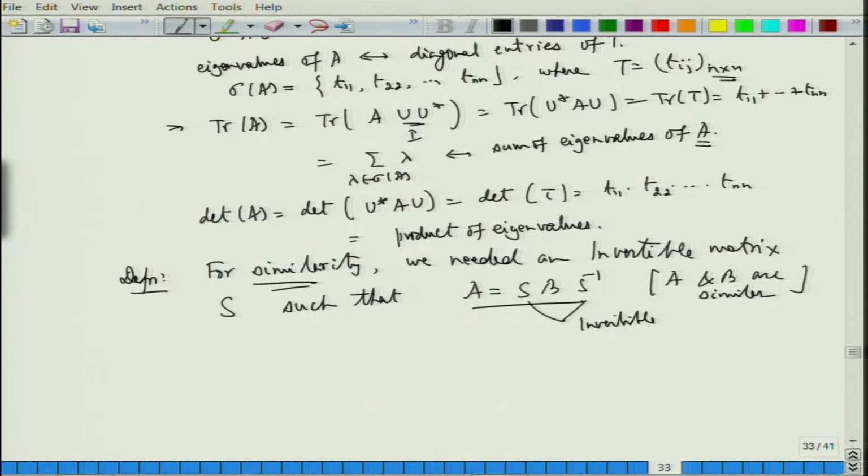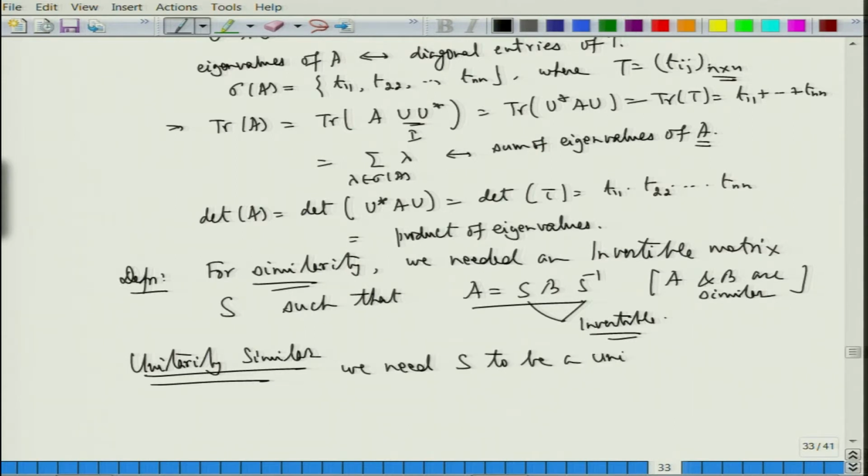Now we are saying unitarily similar. When you say unitarily similar, we need S to be a unitary matrix. So we are putting a stringent condition that in place of S being just non-singular, we want S to be unitary itself. And why do we want it?